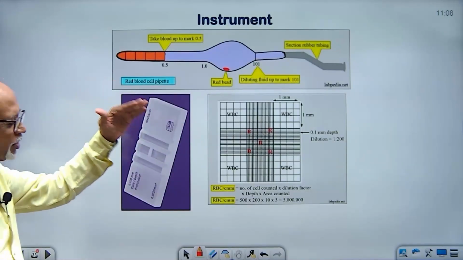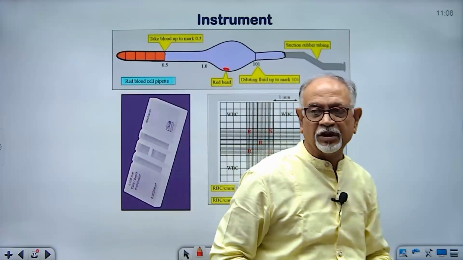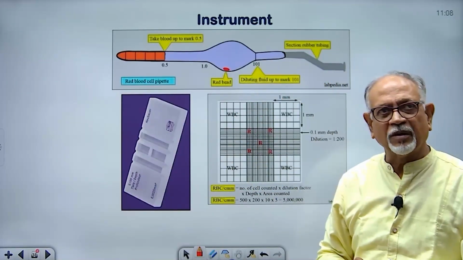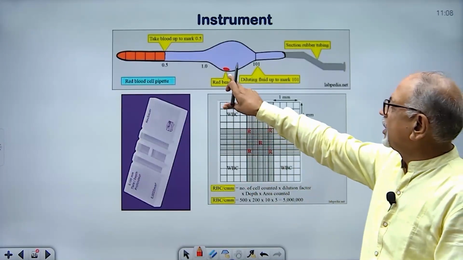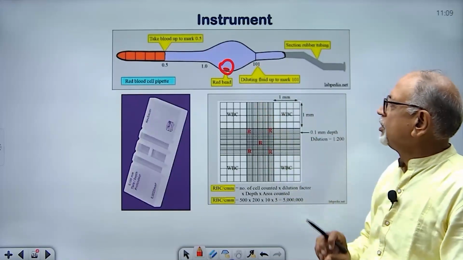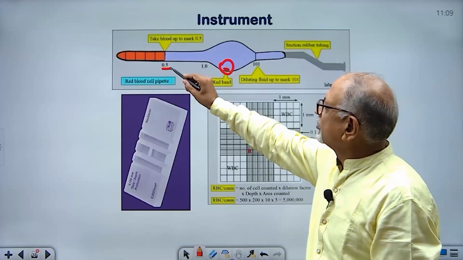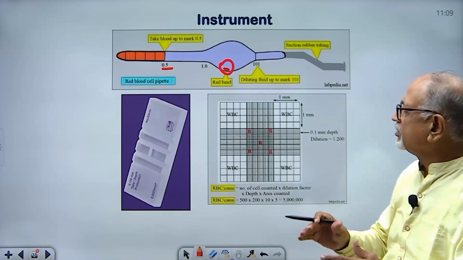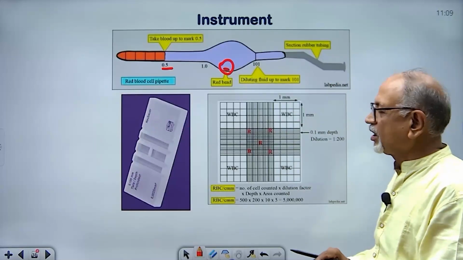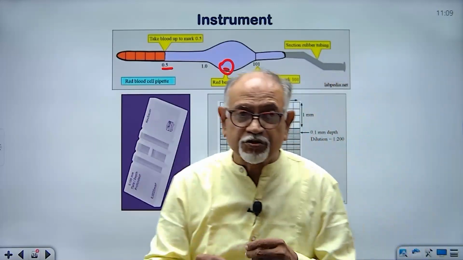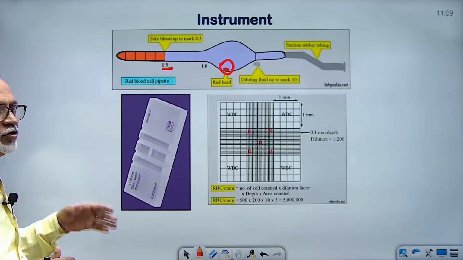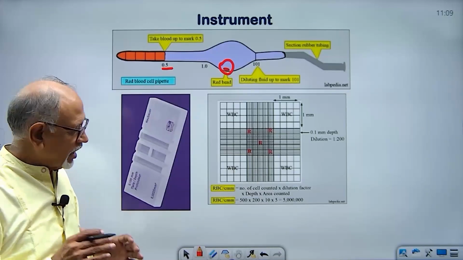Here you can see the picture of the complete instrument. It includes a pipette for drawing the blood sample. It is identified by a red bead present in this part. The blood is taken up to this 0.5 mark, then the diluting fluid is sucked with the help of a suction tube up to the 101 mark. Then it is properly mixed by rotating this pipette, and then this Neubauer chamber is used for counting of the RBCs.